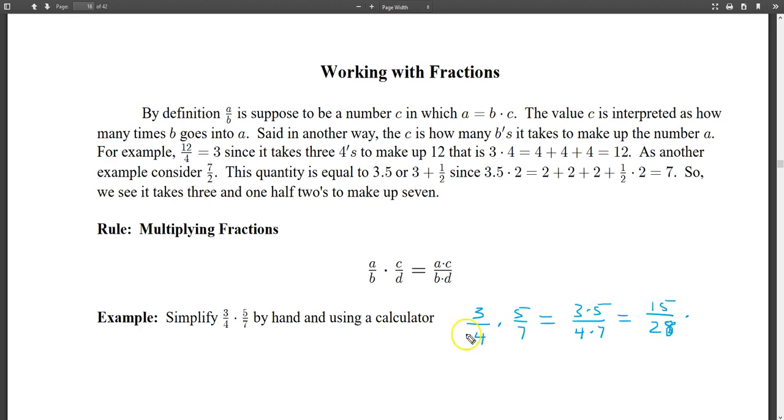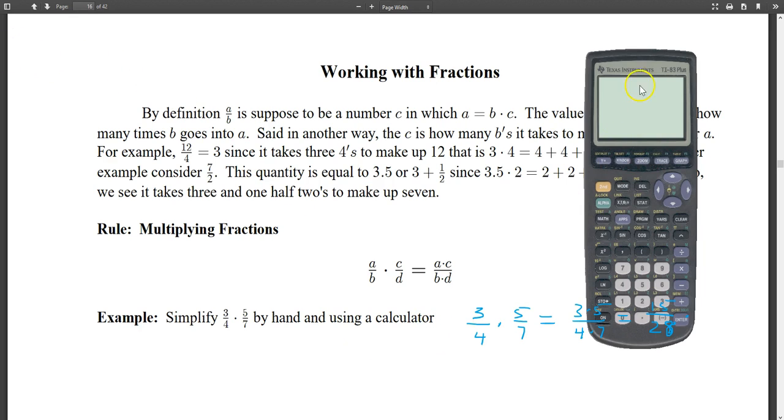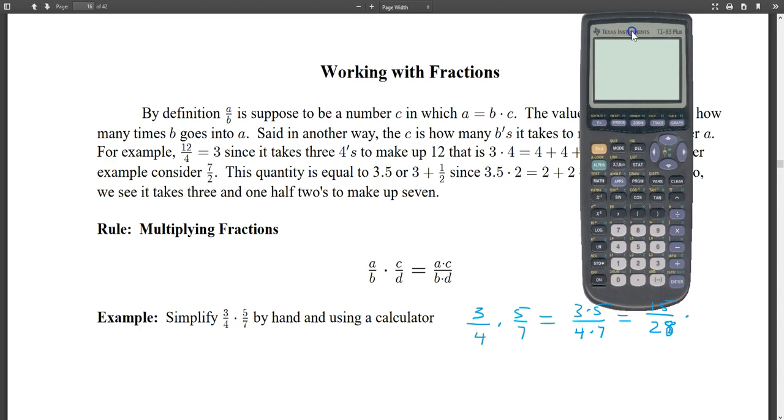And that's it. Now to evaluate this on a calculator, we just have to take 3 divided by 4 times 5 divided by 7, like that, and we get a decimal back.